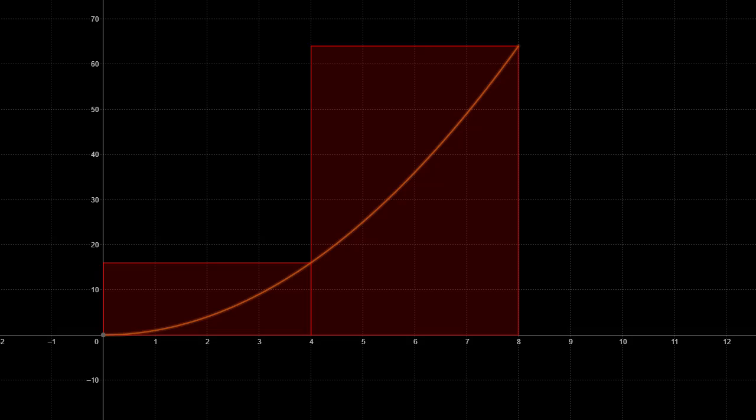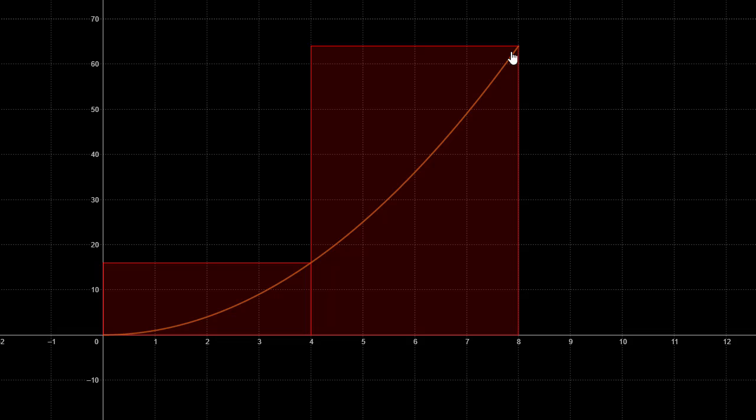Maybe it's helpful if I split it up first. So we're looking at it from 0 to 4 and then 4 to 8. When we make our rectangles, we can either use the right-hand side to get our height, the left-hand side, or the midpoint. So to start with, here is the right-hand side.